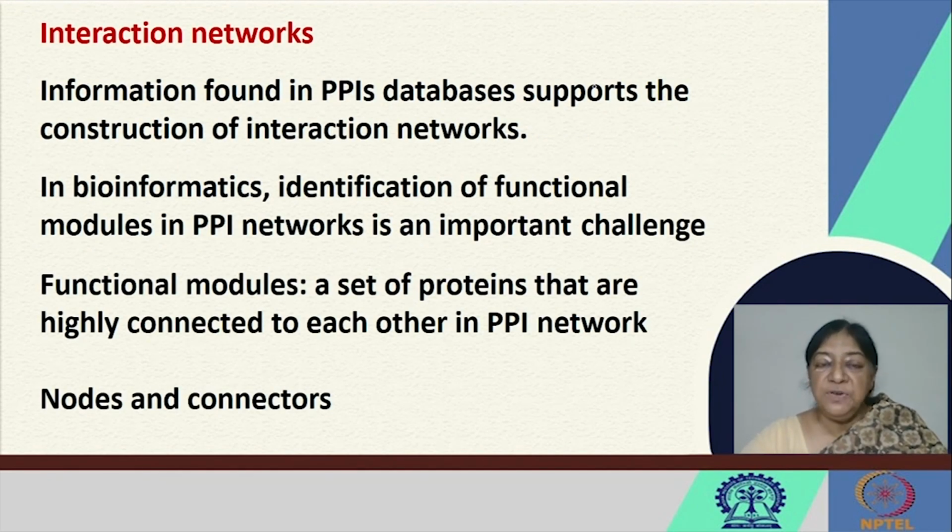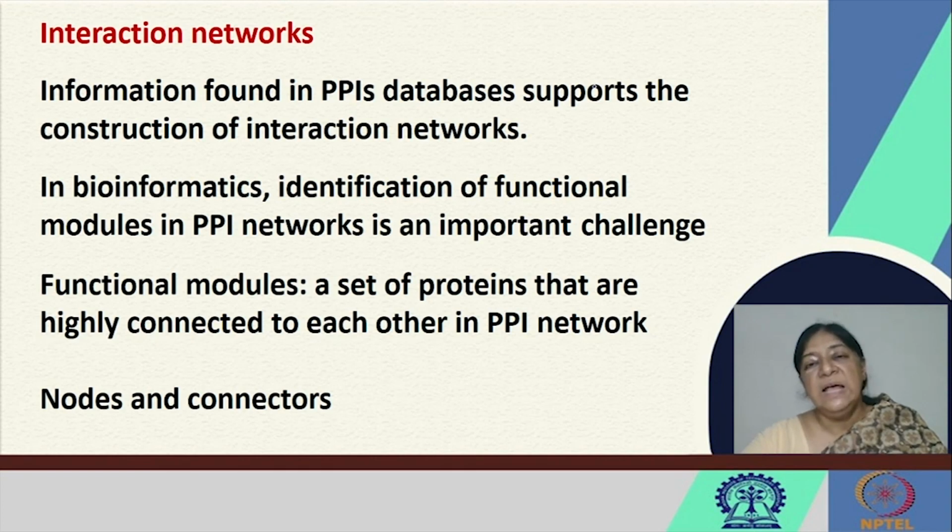So the information found in the PPI databases supports the construction of these interaction networks. And we have functional modules of the PPI networks that help us connect different proteins that are involved, say, in a specific process or a specific disease.